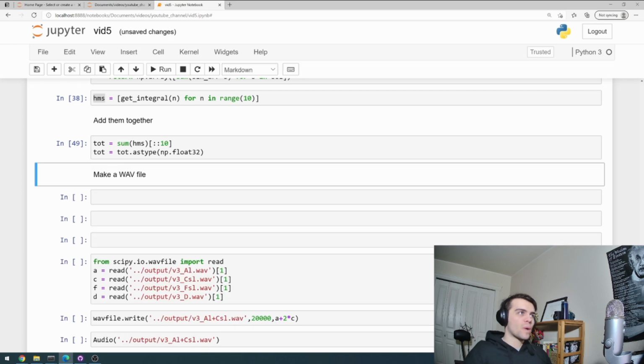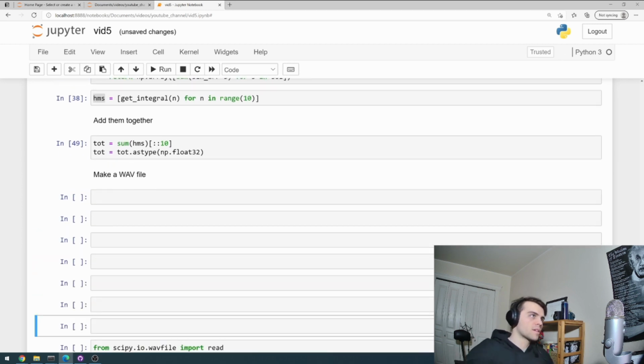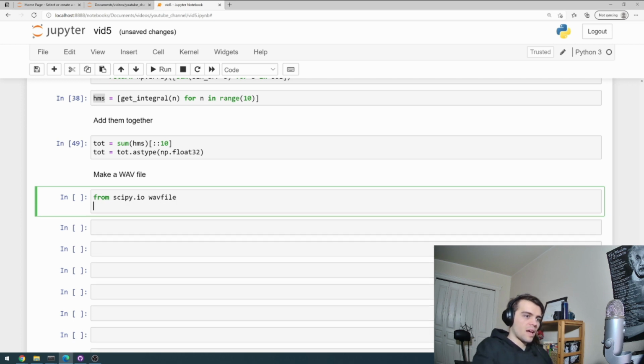Now we're going to make it into a WAV file. So, at the bottom here, I'm going to import two libraries. From scipy.io, I'm going to import this thing called wavfile, and I'm also going to import, from IPython.display, import Audio.